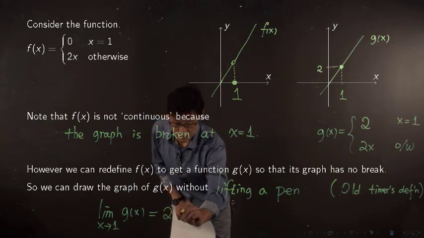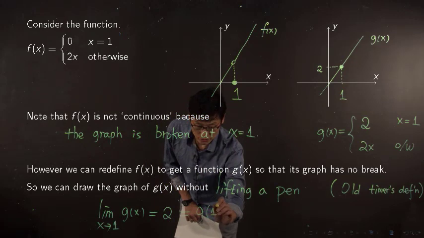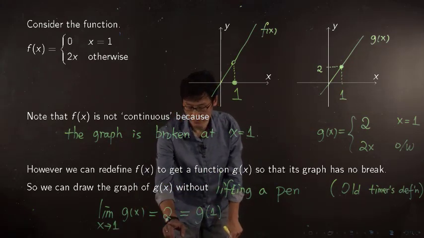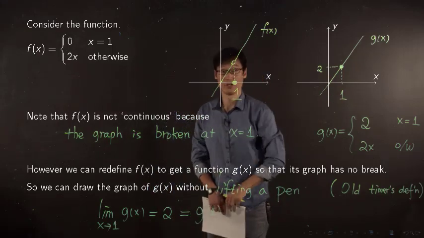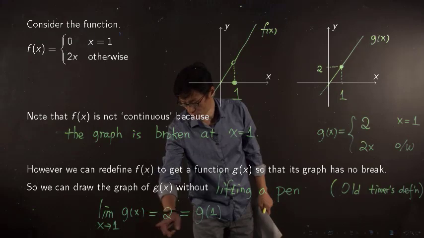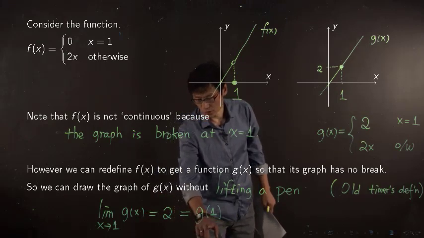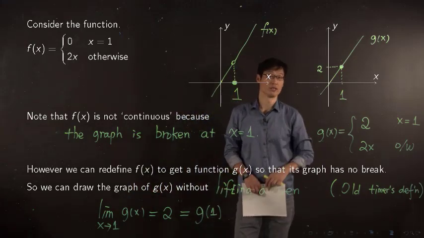But the point is, this happens to be the value of g when your x is 1. So this is true for g, but not for f. The limit of f is 2, but the function value f of 1 is not 2. So we can use this observation to define the continuity in the next slide.